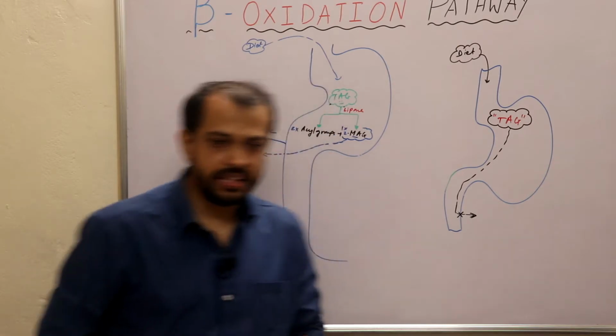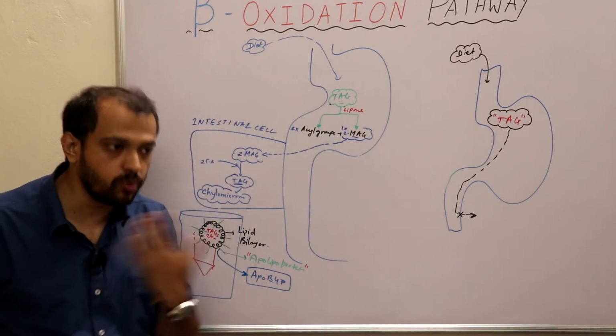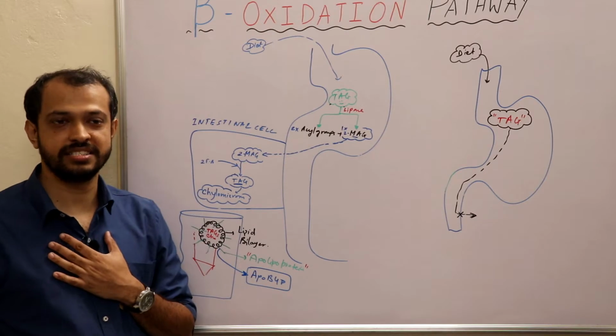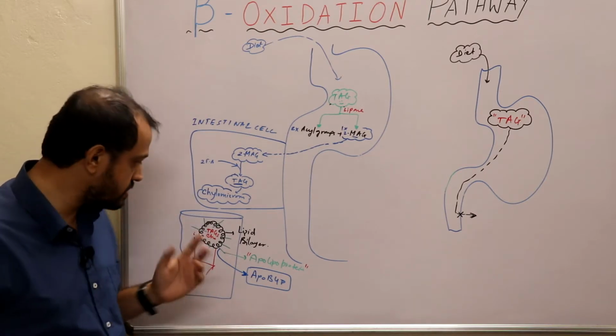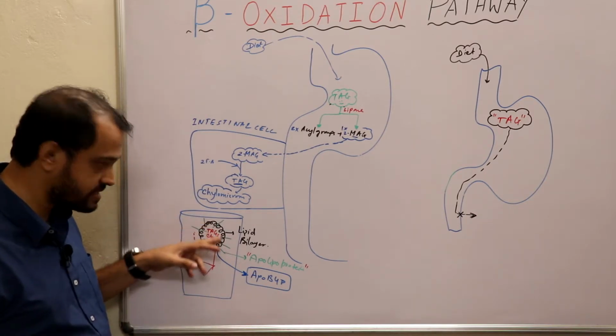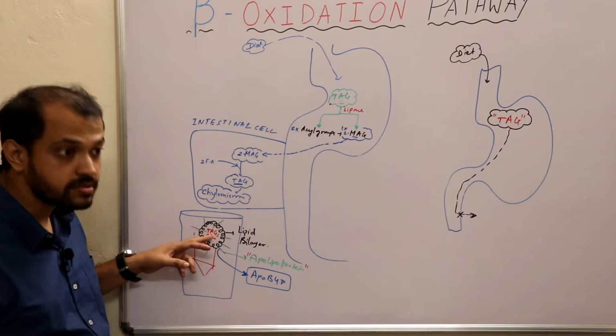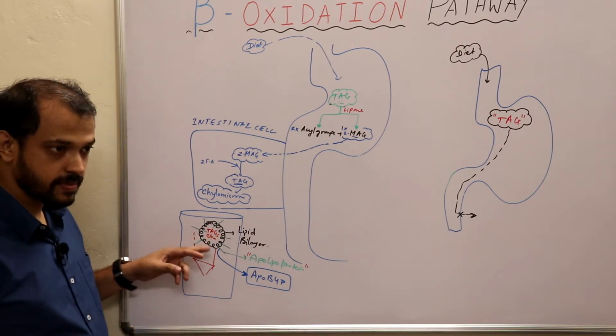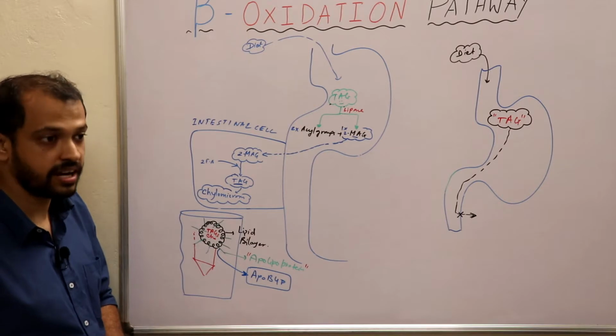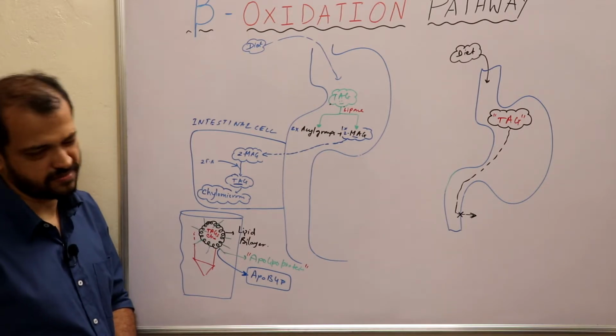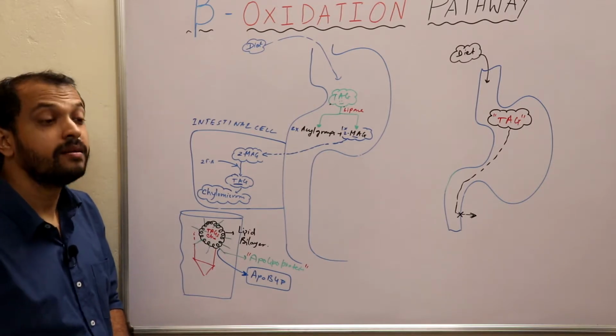Now listen, there are few cells which love to take triacylglycerol. What are those? Adipocytes. Very good. And liver. Mammary glands.